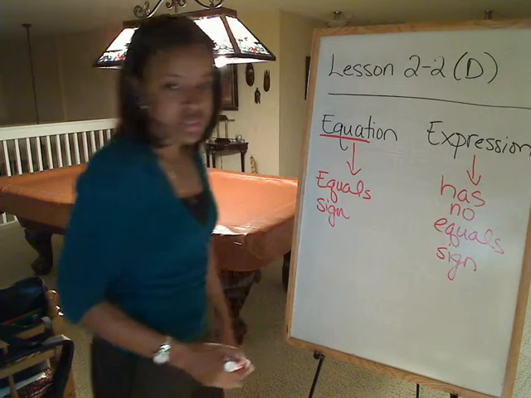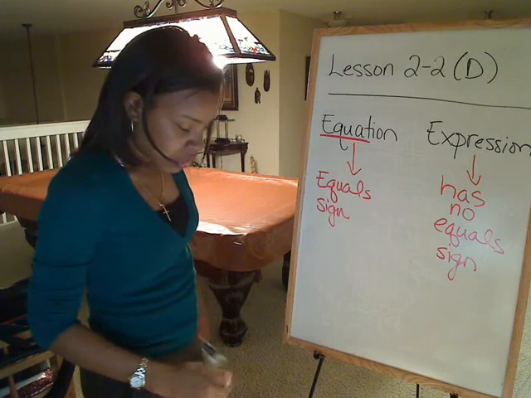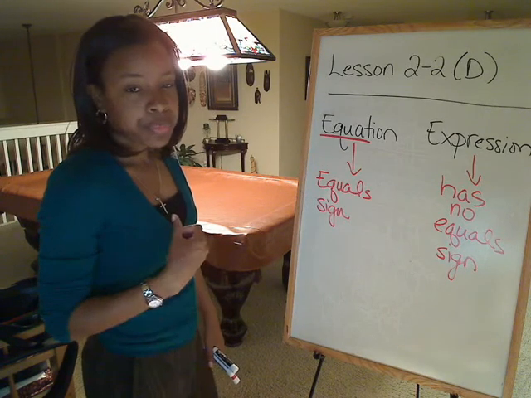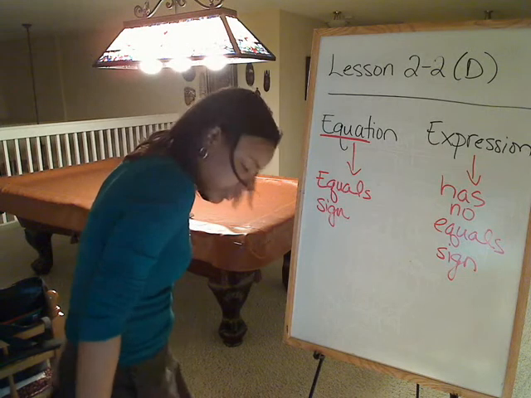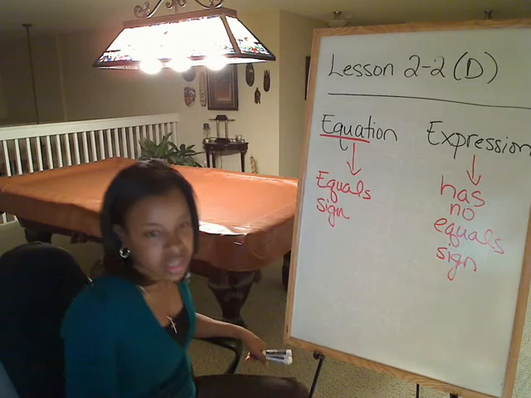Okay, so that's the difference. So when they ask us to write an equation, that means we actually have to use an equal sign. So basically you do the same thing, just at the end you set it equal to something.